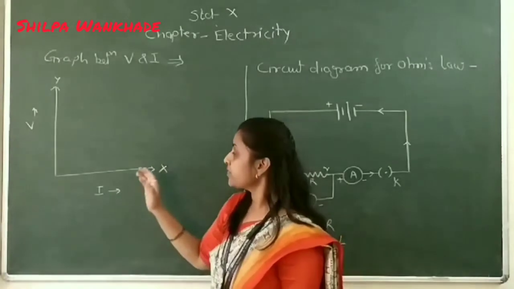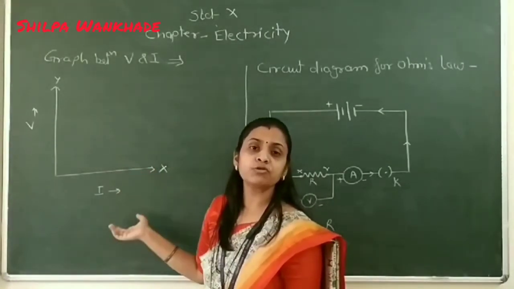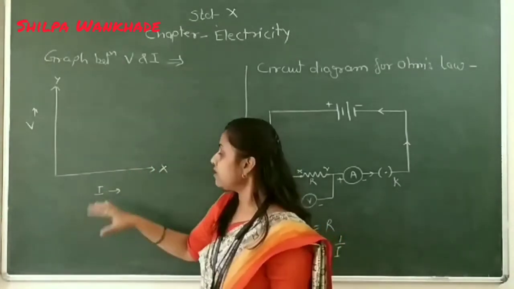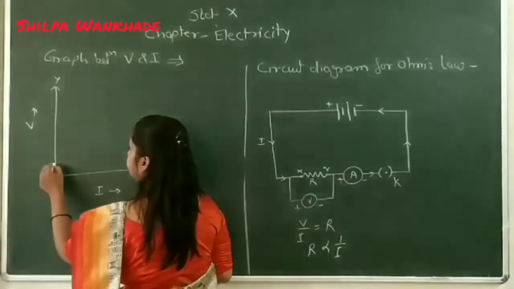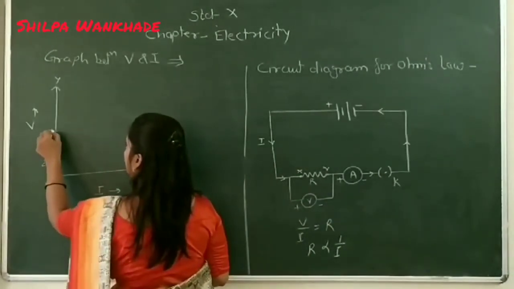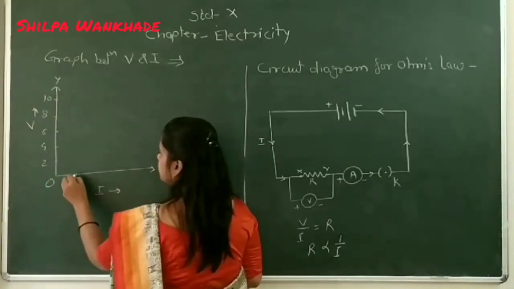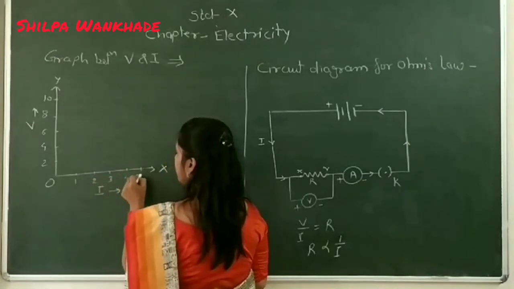Why do we get a linear graph? Because V and I are directly proportional to each other. As potential difference increases, the current also increases in the same proportion. So on the y-axis we have 2, 4, 6, 8, 10, and on the x-axis 1, 2, 3, 4, 5.